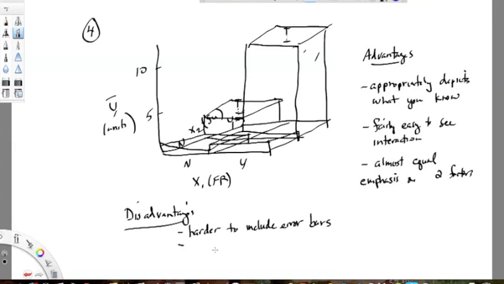It's also just harder to produce the graph. Now, there are a lot of graphing programs that will do this for you now, but it's a little bit harder to manipulate the graph and so forth. And you can imagine how it may be harder to see certain means, depending upon their relative value.